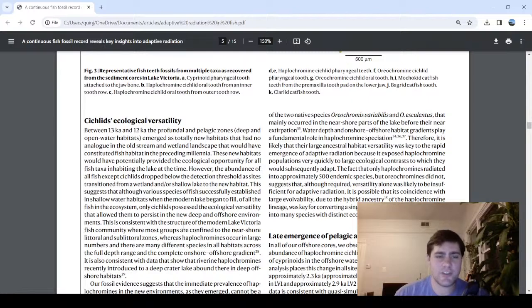This is consistent with the structure of the modern Lake Victoria fish community, where most groups are confined to the nearshore littoral and sublittoral zones, whereas haplochromines occur in large numbers, and there may be many different species in all habitats across a full depth range.